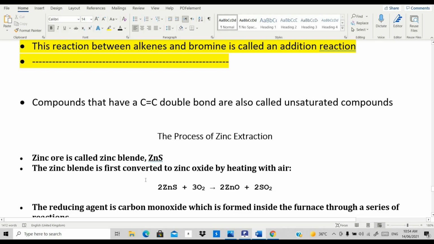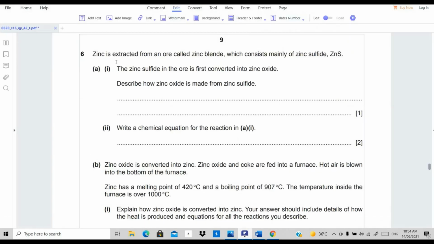It is converted by heating with air. This is the answer you need to mention for this part of the question. So, by heating with air.